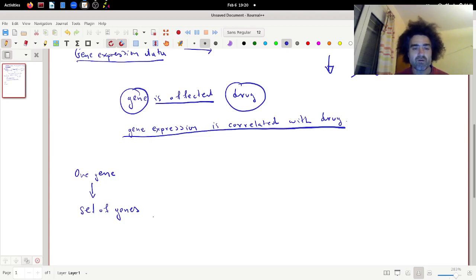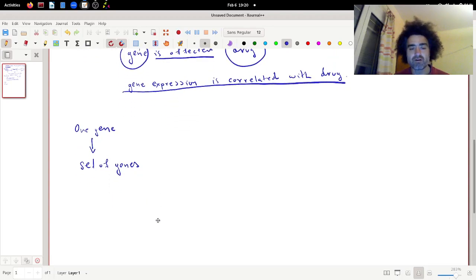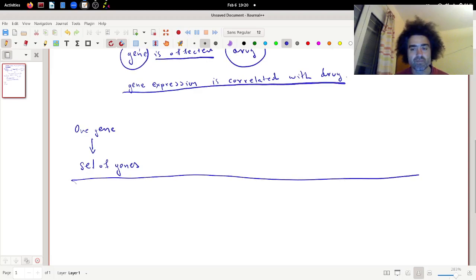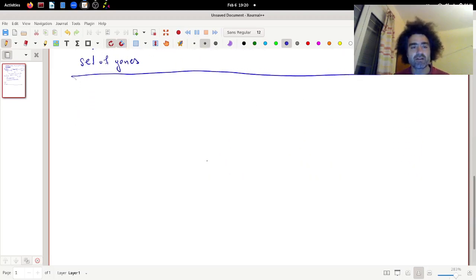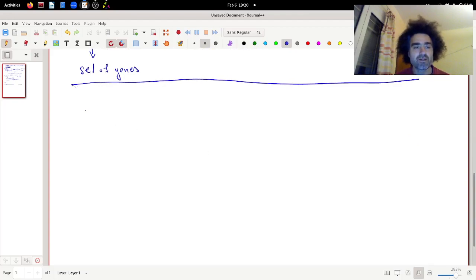Now, why to use bioinformatics to answer such questions? The thing is that biological systems are very complex, as probably you know.